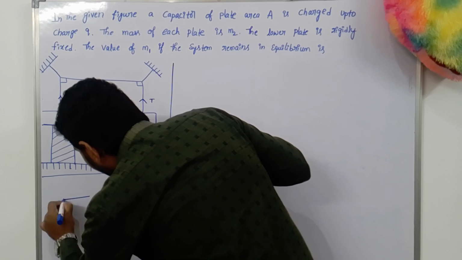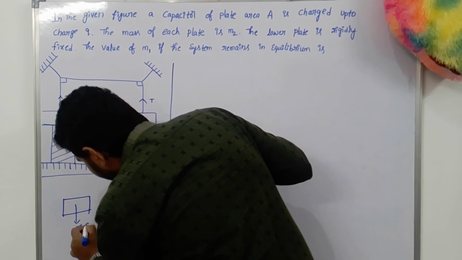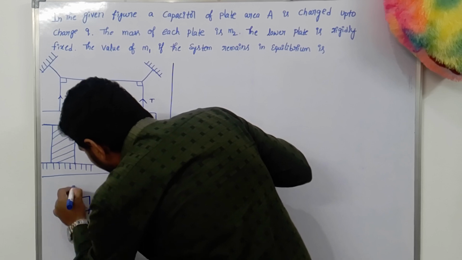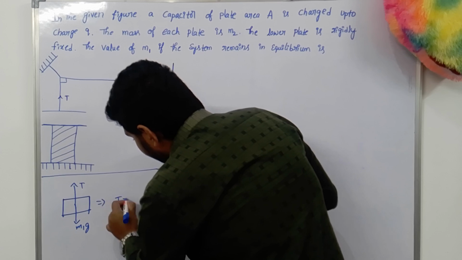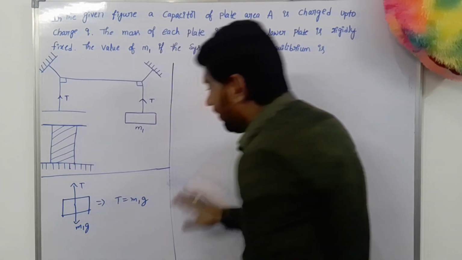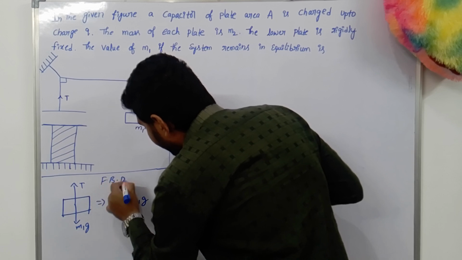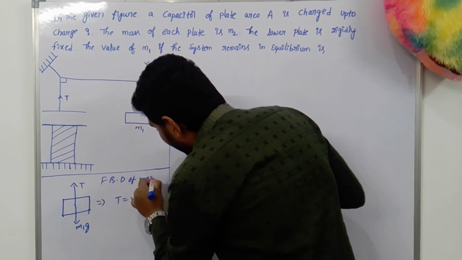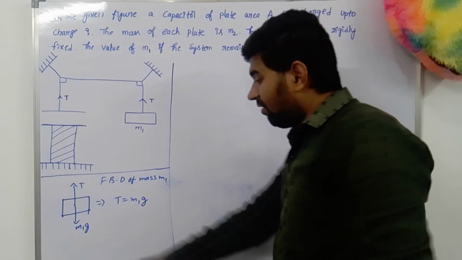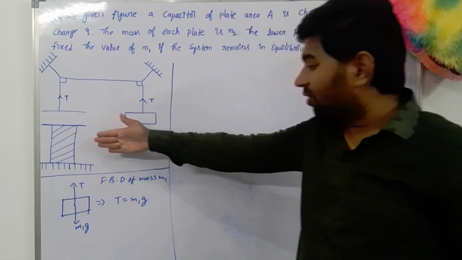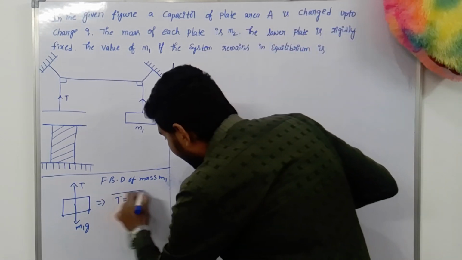The downward force is M1g due to the acceleration due to gravity, and the upward force is T. From this, T is equal to M1g.